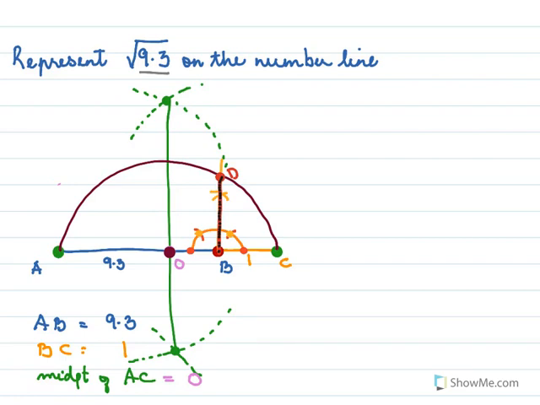Now you take the measure of 9.3, which means again keep your compass at B and take BD as your radius, and then you find the same measure here, and this will also be BD because you've taken it equal, and your BD will be equal to √9.3.